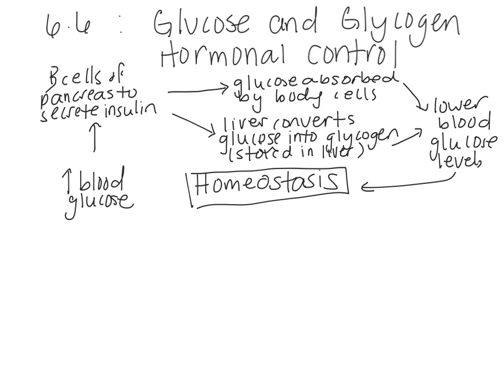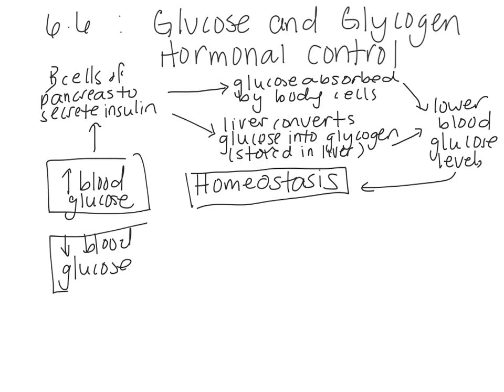Okay, now let's say on the other hand, our blood glucose level is low. Let's do this in black. Okay, so here we started with high blood glucose levels. Now let's talk about the opposite, like after long periods of fasting, those kinds of things.